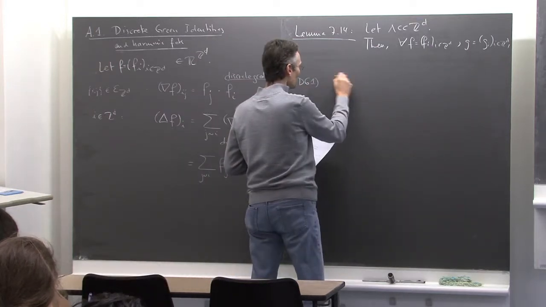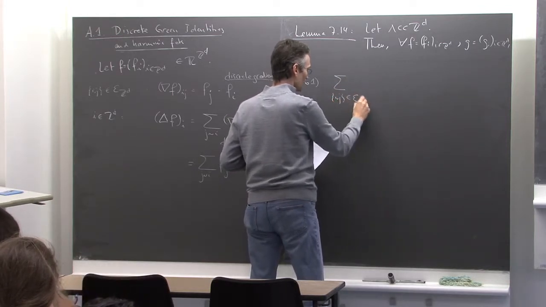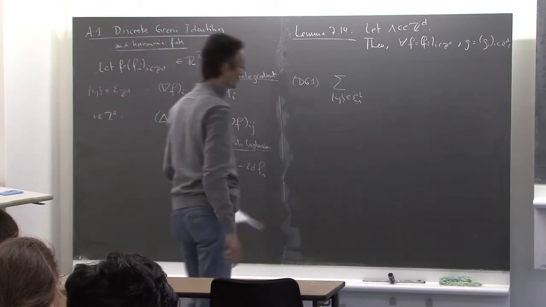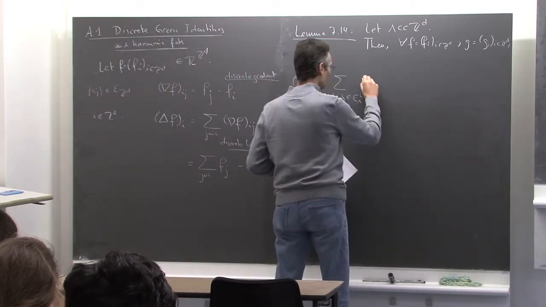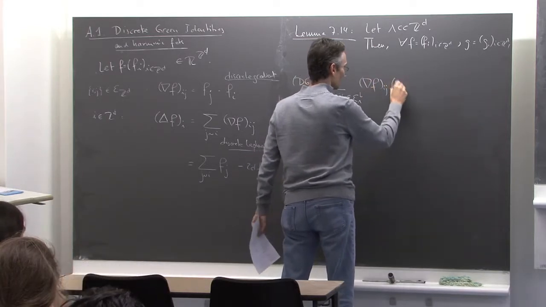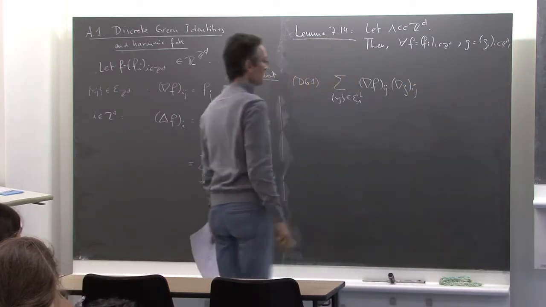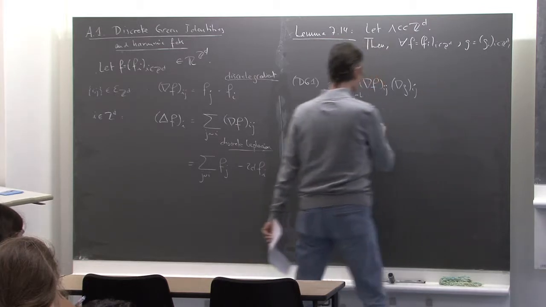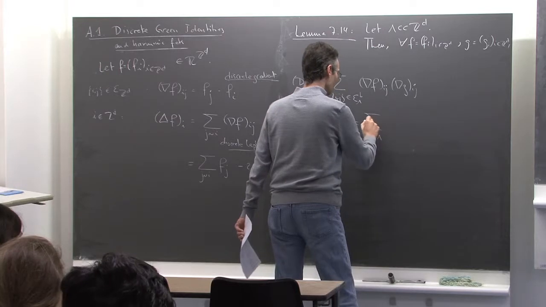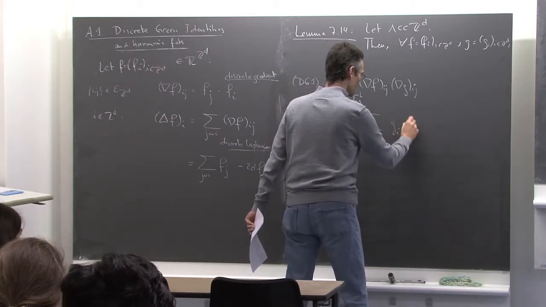So the first one tells you that the sum over all ij in all the edges which are inside lambda or connect lambda to the lambda complement of gradient f ij gradient g ij, this is equal to minus the sum over all i in lambda, say gi Laplacian f i.